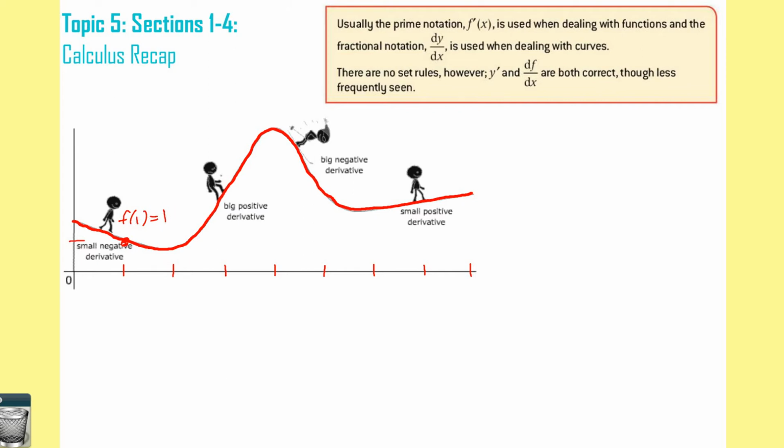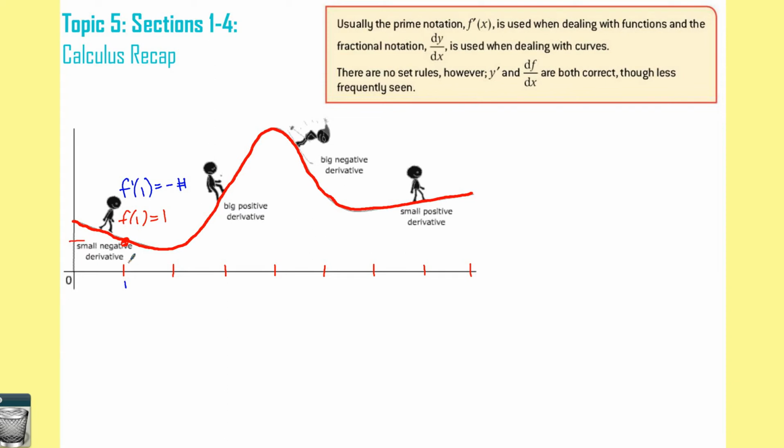But on the derivative function, f prime of 1, what is the slope at that point? Well, the slope is a small negative number. Derivative is a slope. So this is a negative slope, and it's probably something small. So it's a negative number.